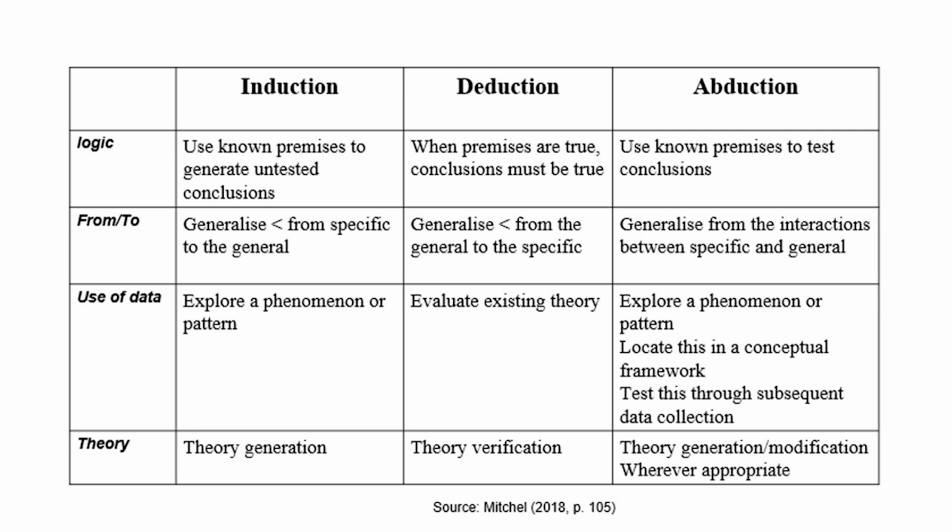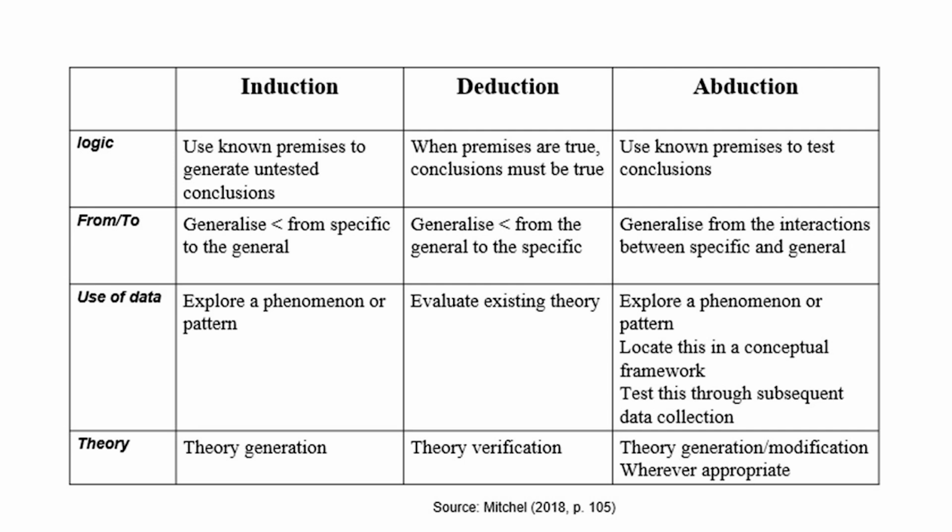Then in terms of abduction, regarding how data is used, we identify the pattern and the conceptual framework is located within that pattern, and finally it goes to the data collection process. Therefore, we have seen the explanatory sequential research method or the exploratory sequential research method.